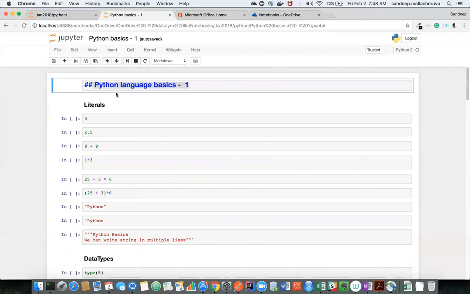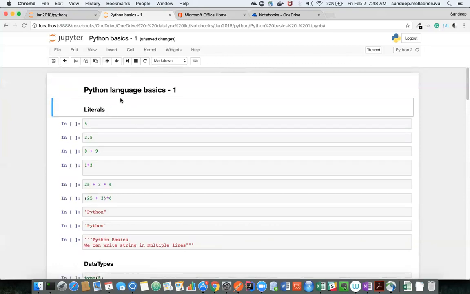First thing is, I wrote some comment here, and this is embedded with hashes. Actually, hashes in Jupyter make this a bold text. If you see here, it is a very bold text.